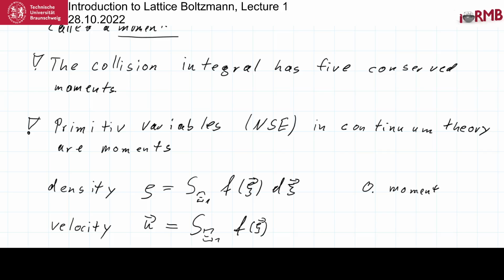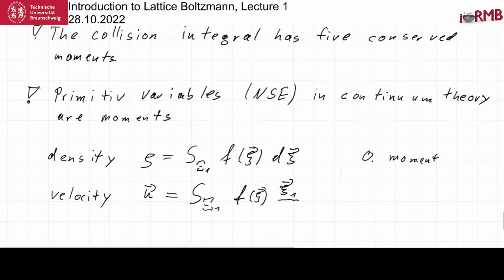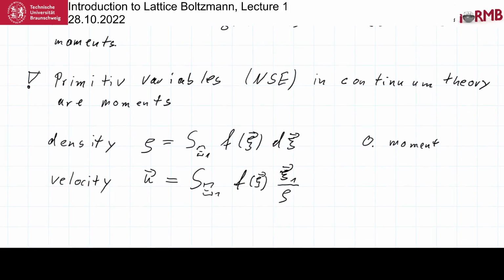Multiply this. Now our kernel is C1, and there's a little difference here, namely that I divide through the density, through rho, which makes this an intensive quantity. What's an intensive quantity? Can you explain? Yeah, it doesn't depend on the amount.